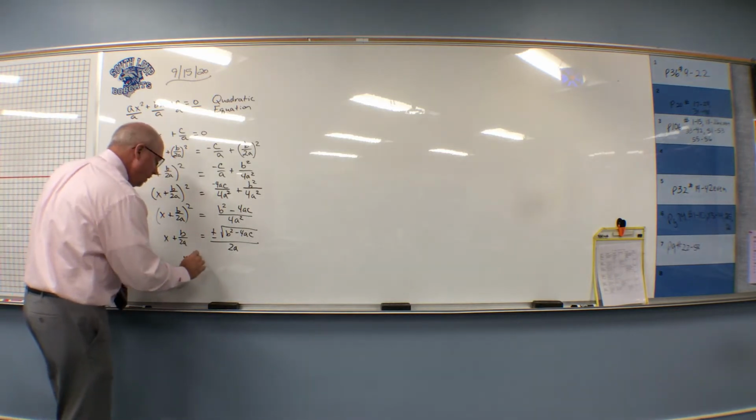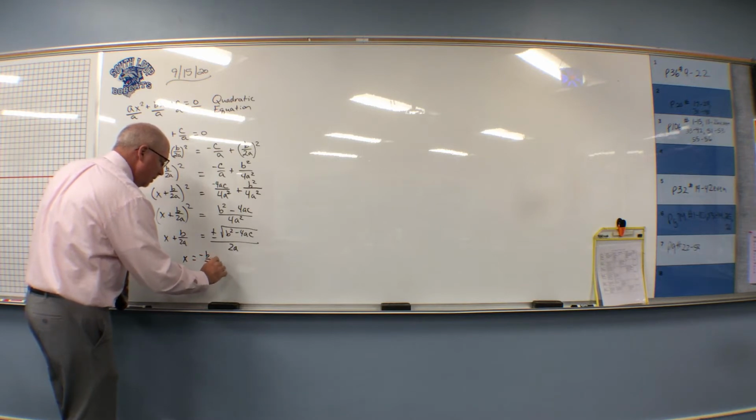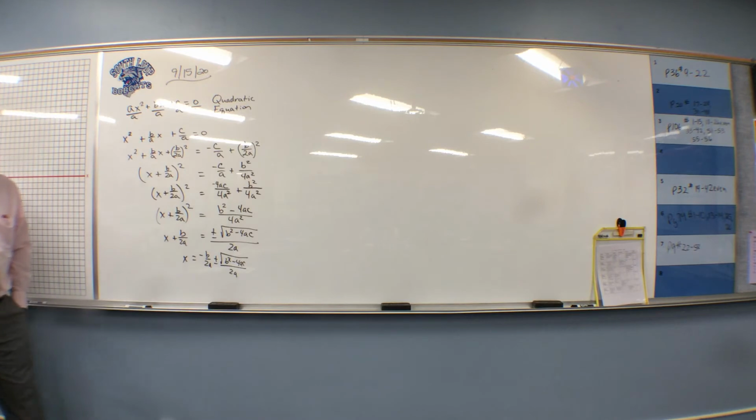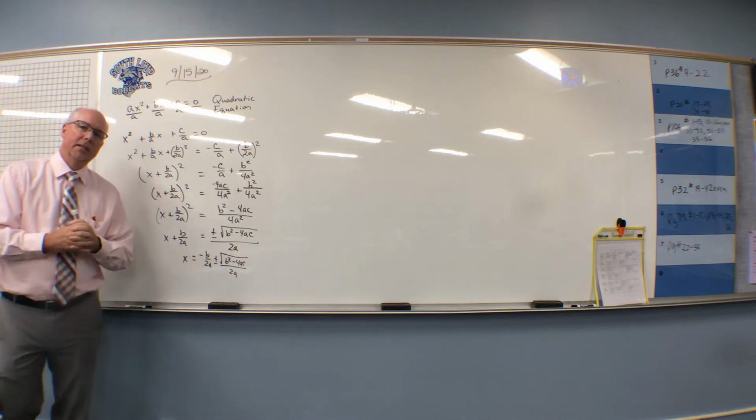So x equals negative b over 2a plus or minus the square root of b squared minus 4ac all over 2a. Does everybody agree with that? Wouldn't the square root of b just be b? No, you have to do the whole quantity first, you can't do it piece by piece.